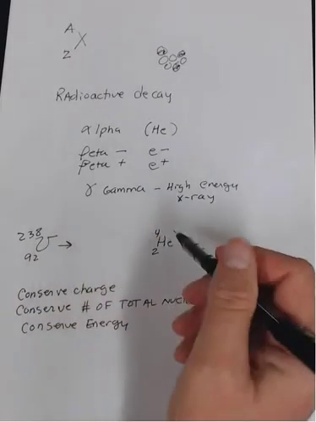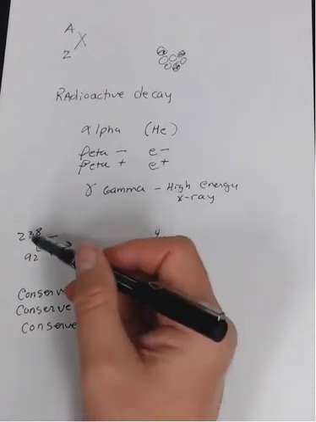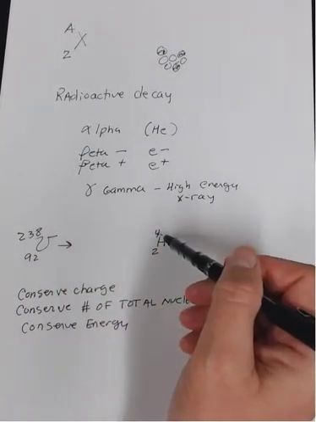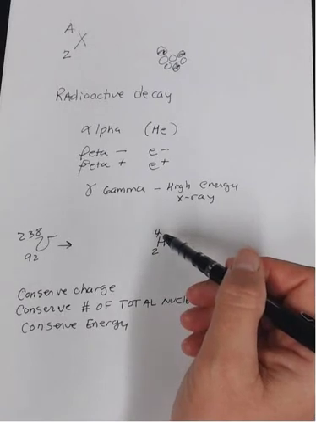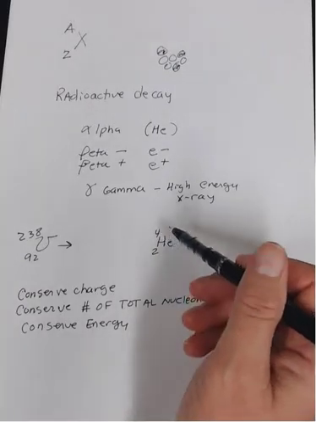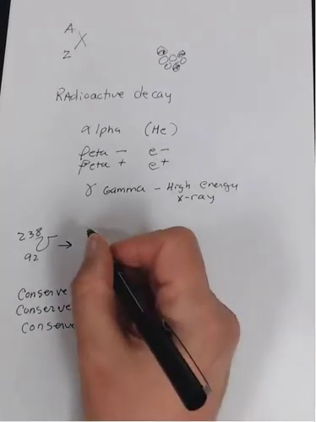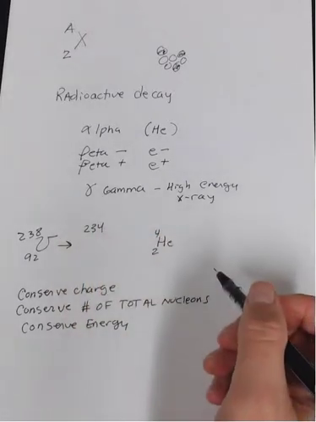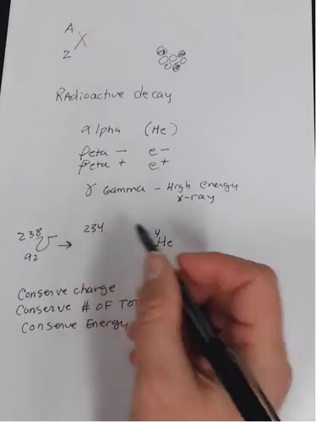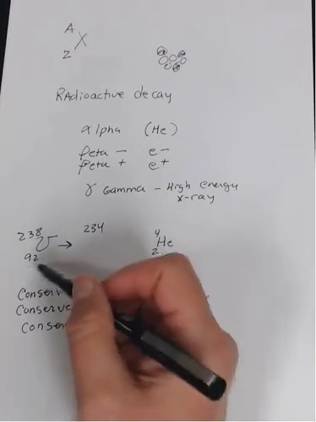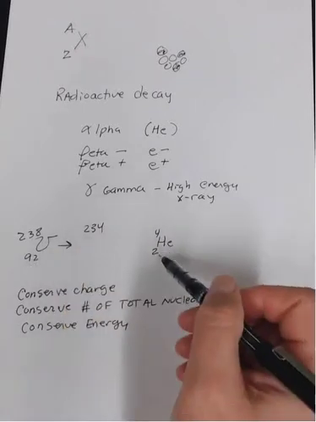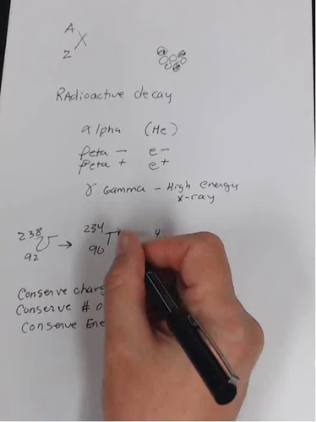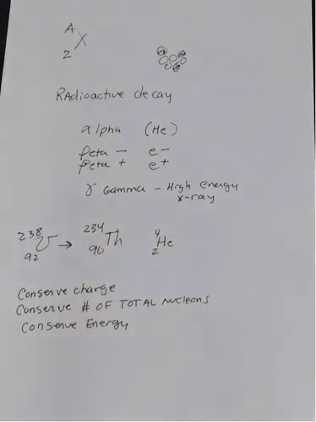So during this process, we had 238 total nucleons minus 4. That gives you 234 nucleons, so whatever we have is going to have 234 nucleons. We had 92 positive charges, and now if you take off 2, that's going to be 90. And if you look that up, that's actually thorium.